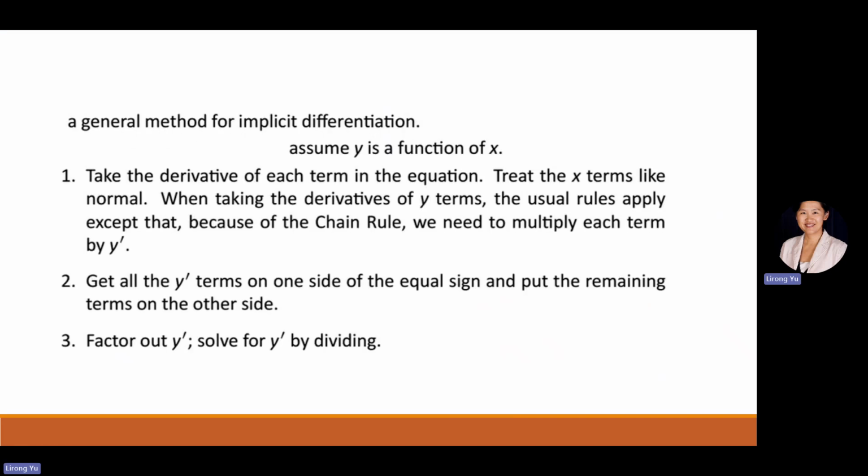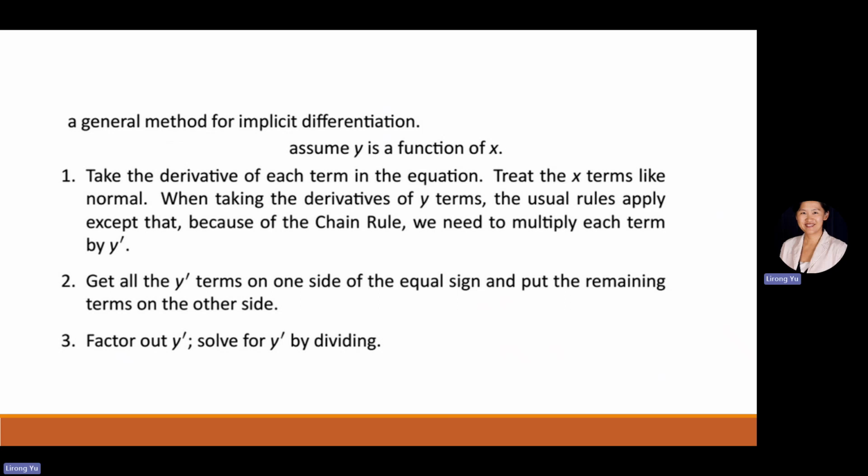What's implicit differentiation? In implicit differentiation, you assume y is a function of x. Whenever you see a y, you remind yourself, hey, this is a function, and I have to make sure I have the y prime. So we take the derivative of each term in the equation: the derivative of the left, then the derivative of the right.